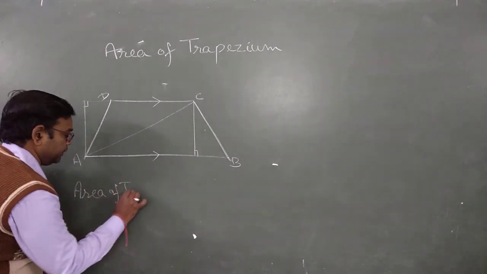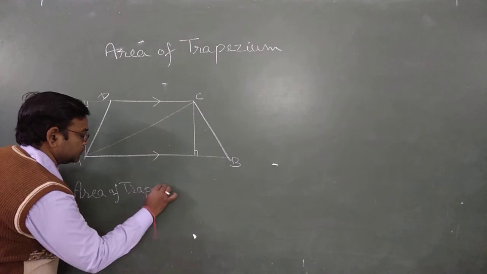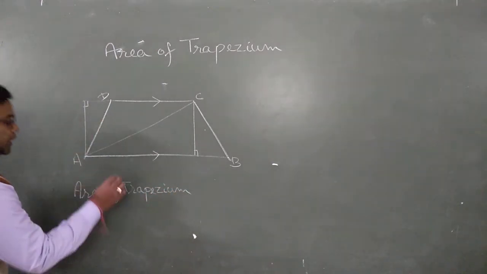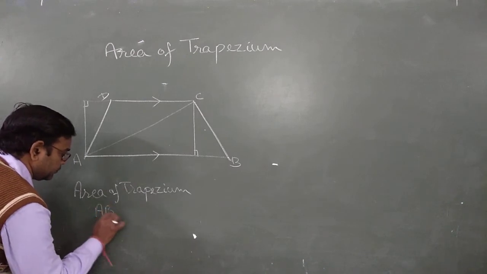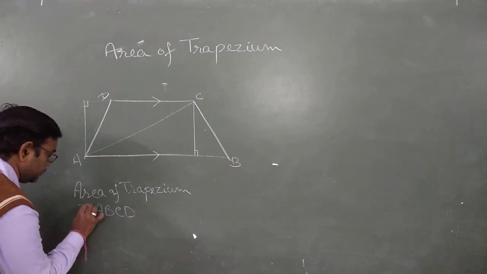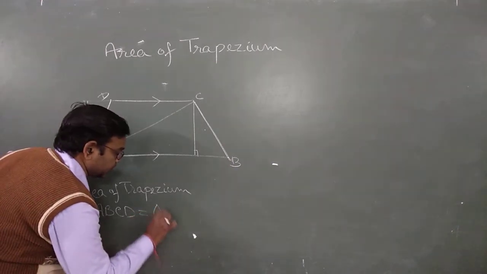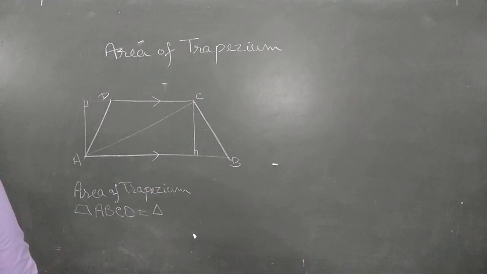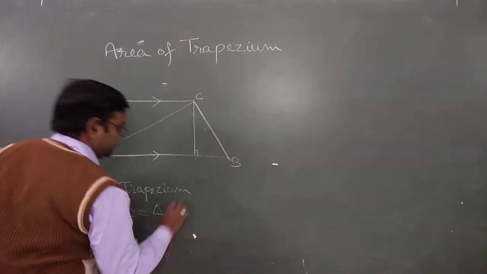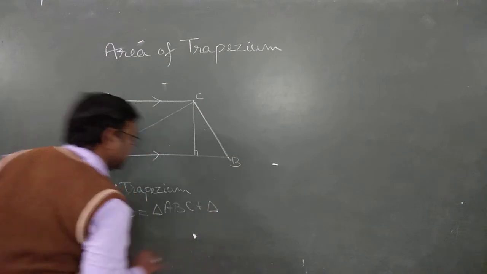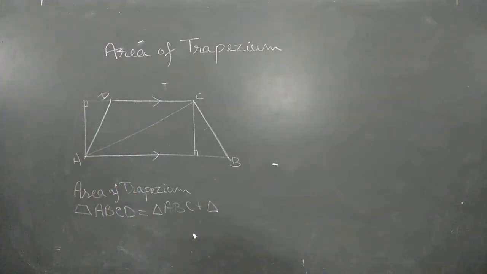So if we try to find the area of the trapezium, we can easily write: area of trapezium ABCD equals area of triangle ABC plus area of triangle ADC.